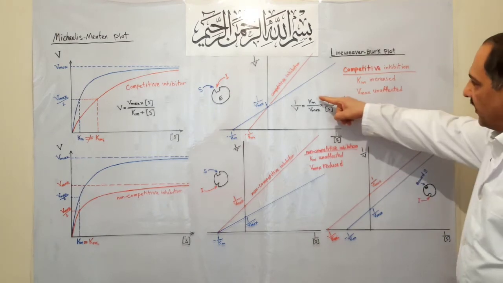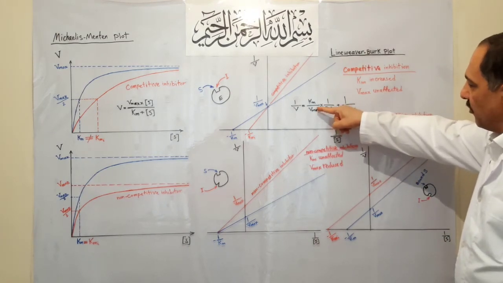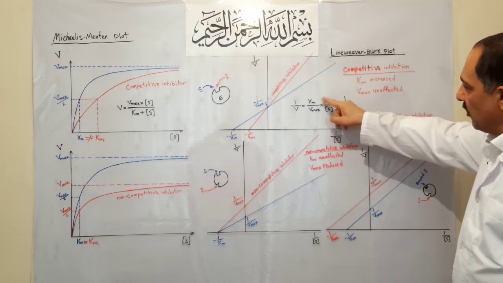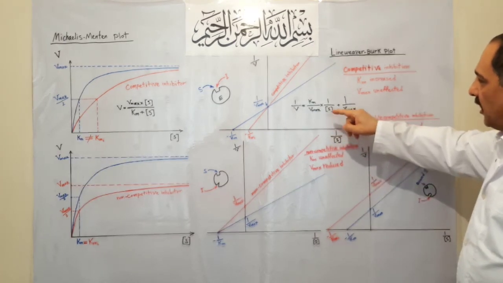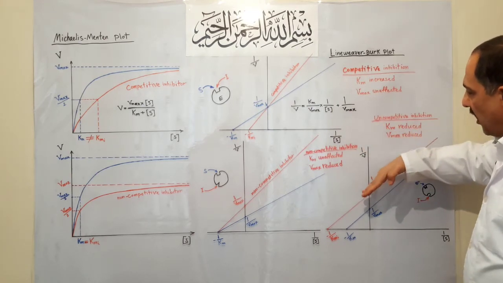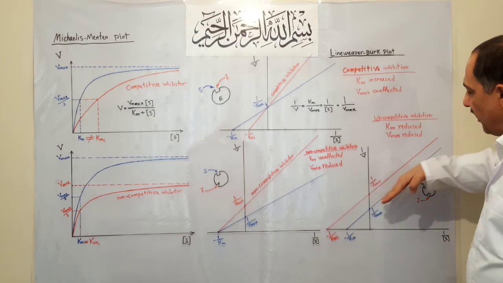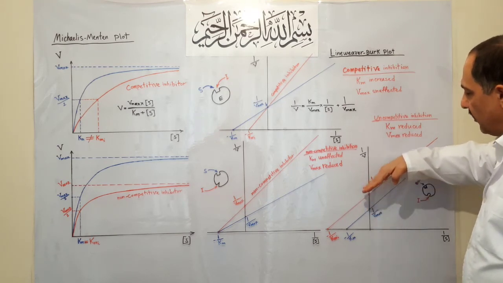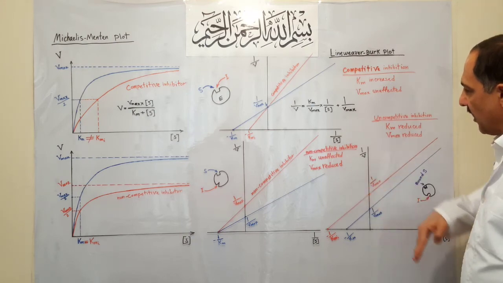Because the Km is reduced and also Vmax is reduced, the ratio of Km divided by Vmax will be constant. So the slopes of red line and blue line are equal. So these two lines are parallel.